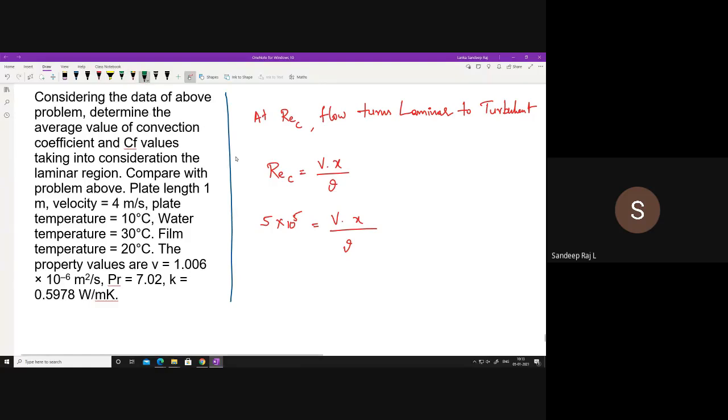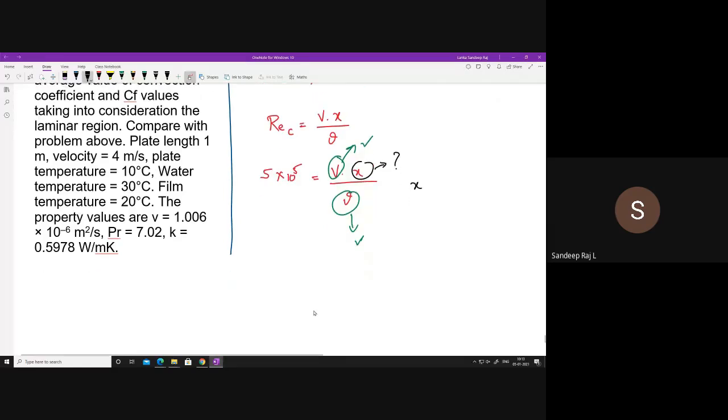Your V will be known to you, and nu you will get from the data book. The unknown value here is the x value. If you find out this x, you will get the point where the flow is turning from laminar to turbulent.